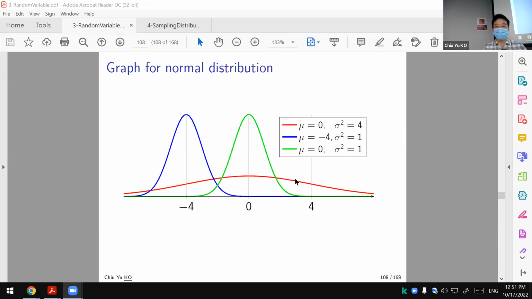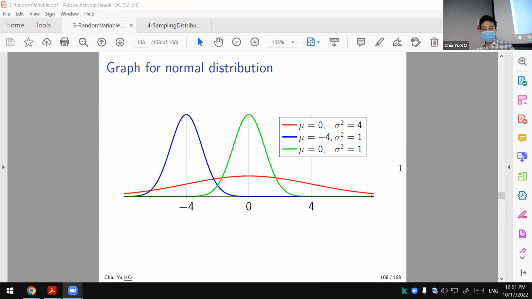And particularly, the mean and variance are separated, right? If you look at other distributions, mean and variance are closely related. But for the normal, the bell, mean and variance are separated. Mu controls the location, and sigma controls how tall the peak is or the fatness of the tail.